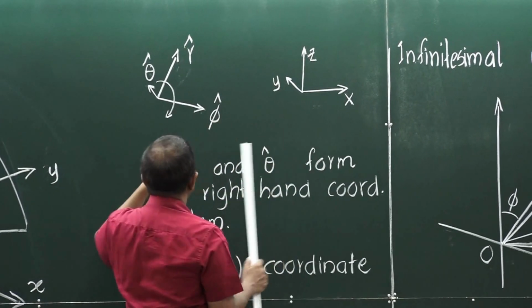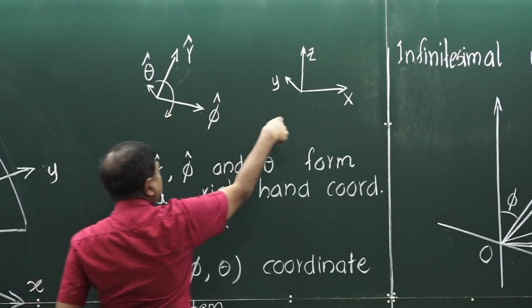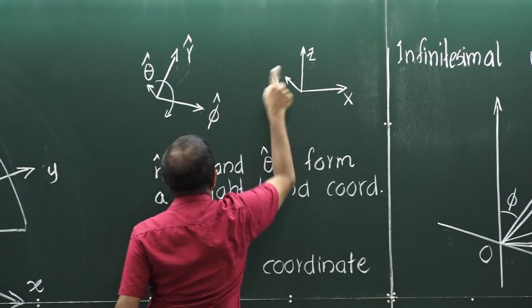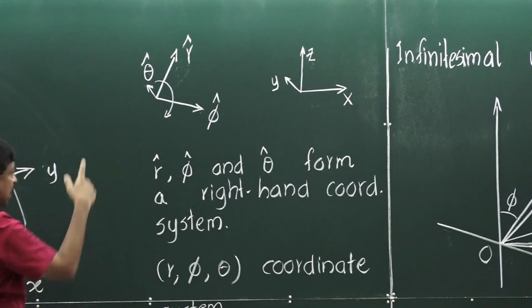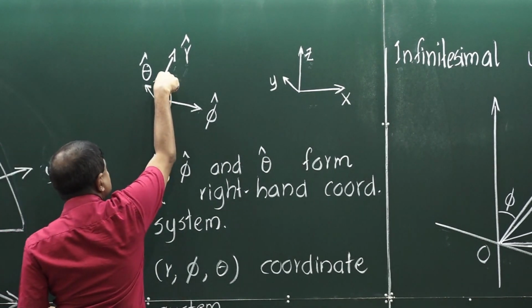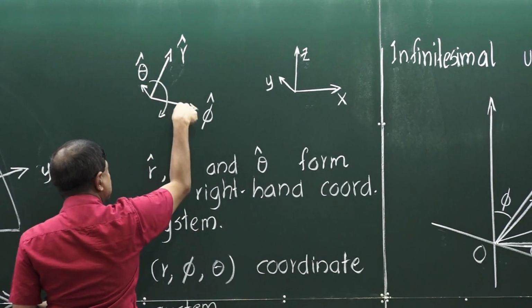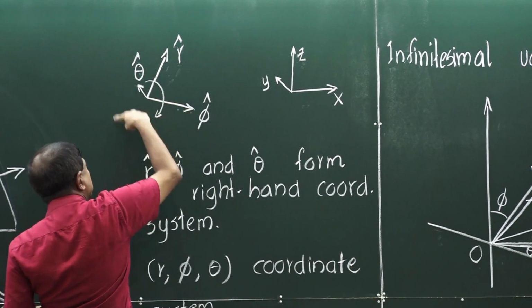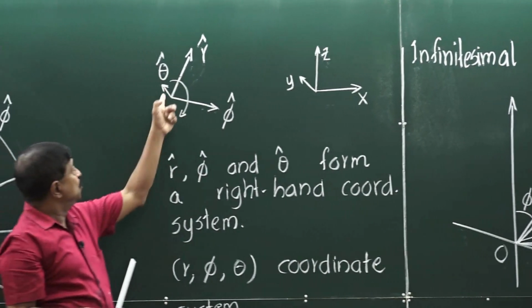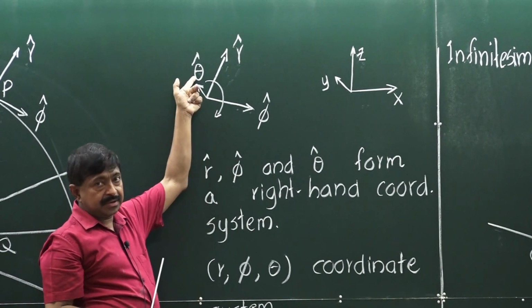Here it's rotated, but you might see that r hat is in the direction of z. Yes, in this diagram it looks like that, but if you take this as the first coordinate, if you assume that this is the second, and if you take a screwdriver and rotate it in this direction, the head moves in the direction of theta hat.